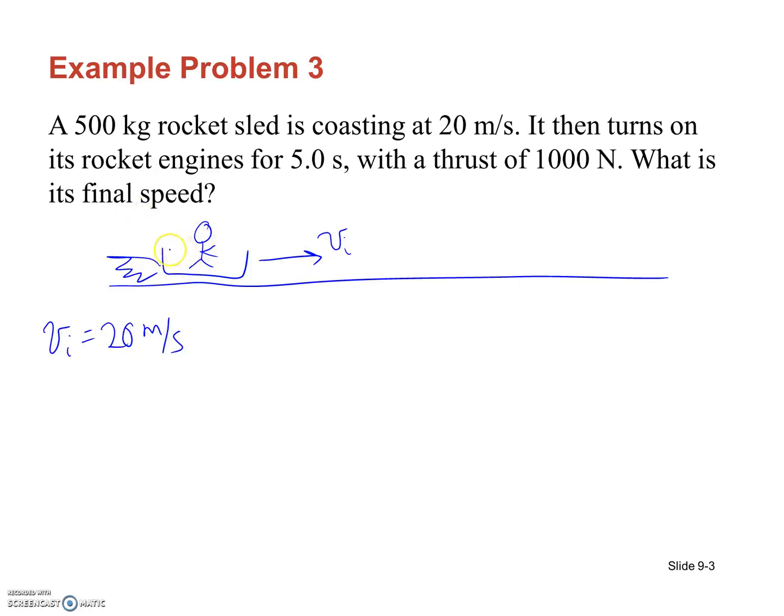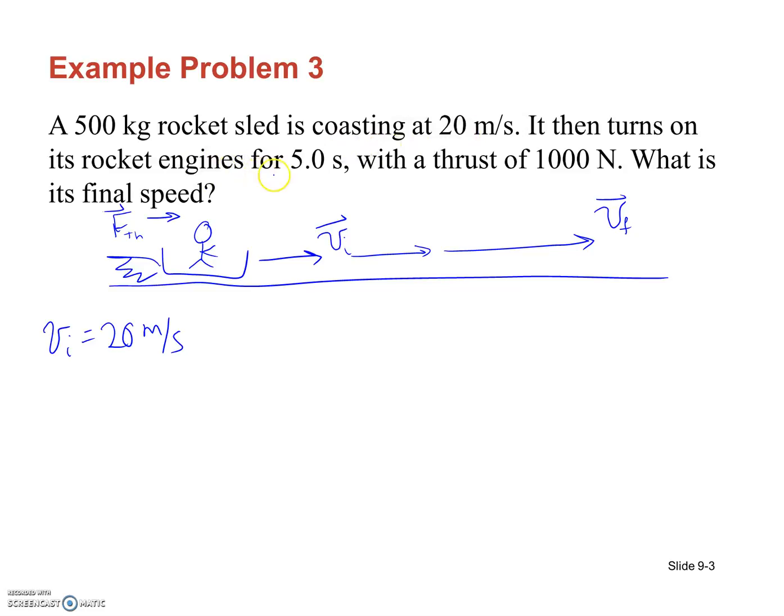And he turns on his thrust. Now the thrust, remember, as he shoots the hot gases out from behind, applies a thrust force on the sled in the forward direction. That's F sub TH. And this velocity is going to increase to some final value, initial and final. The thrust is to the right.